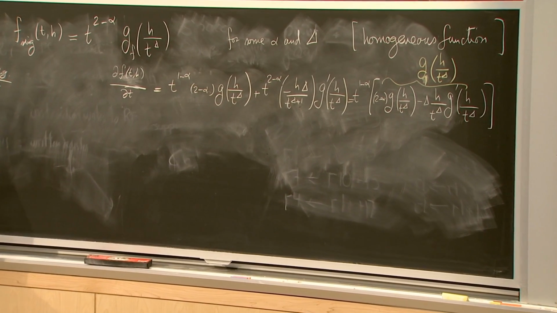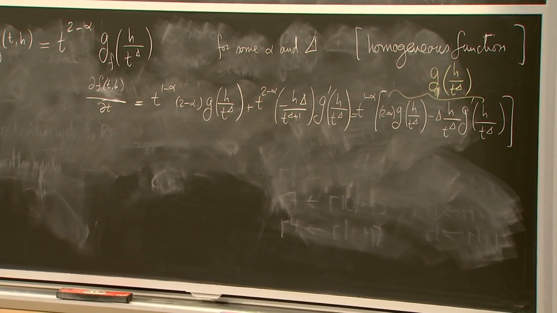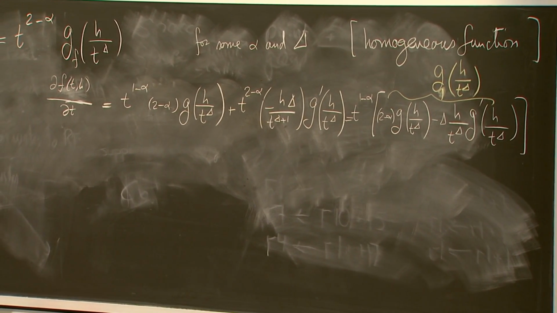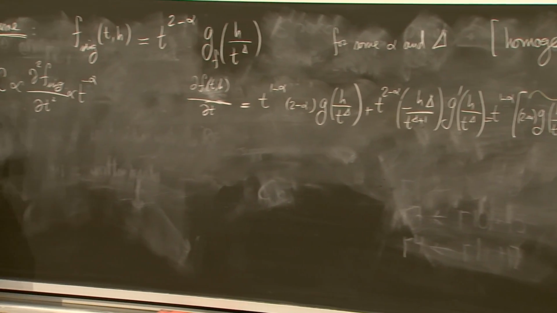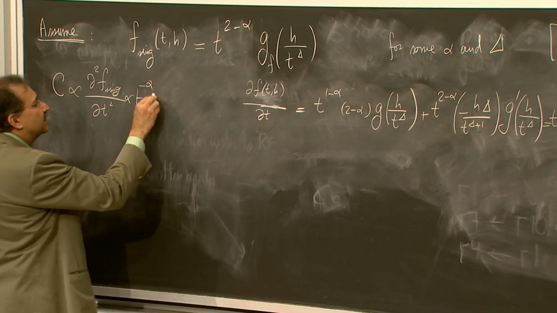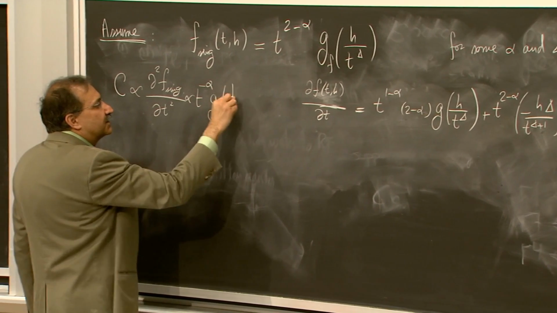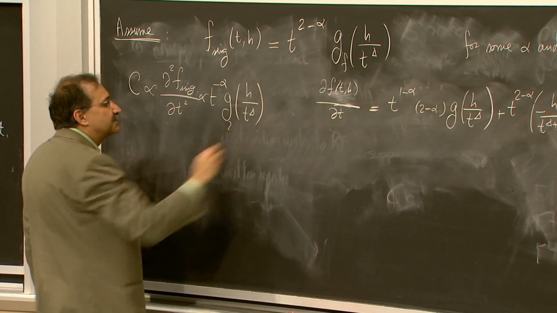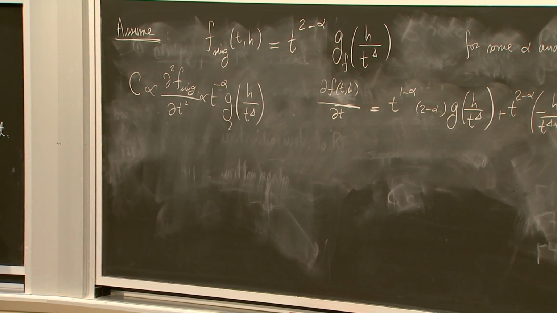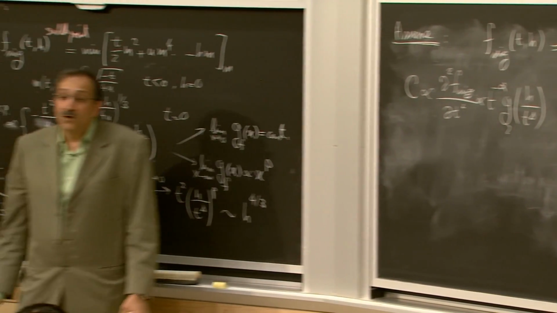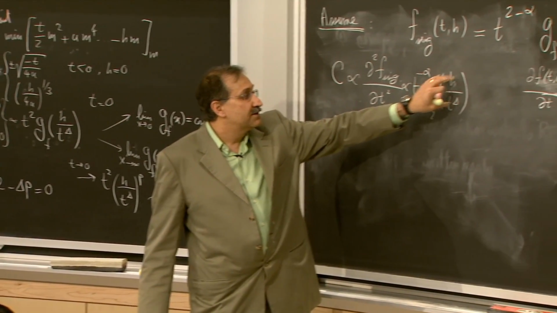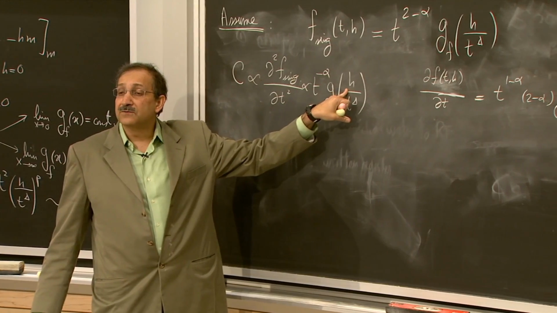And this will happen if I take a second derivative. So I know that if I take two derivatives, I will get t to the minus alpha. I will basically drop two factors over there. And then some other function of h over t to the delta. Clearly, again, if I say that I'm looking at the line where h equals 0 for a magnet, then the argument of the function goes to 0.